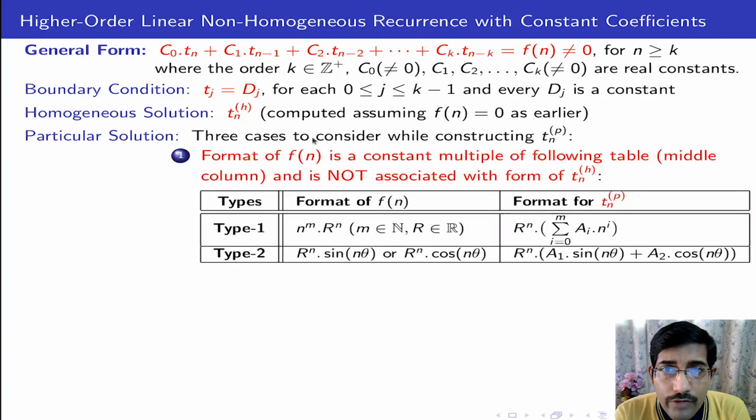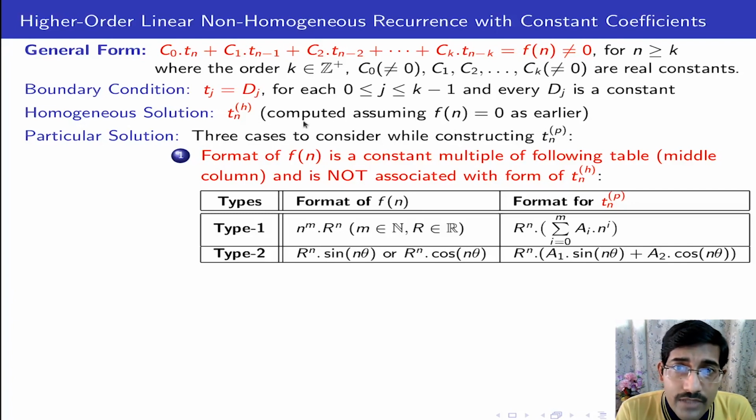First is that whenever you try to form a particular solution, the format of Fn is a constant multiple of the following table, these two types we have defined, and it is not associated with TNH. If you remember how we defined our particular solution, if it was k into b to the power n, then we tried a1 or a2 into b to the power n as the particular solution.